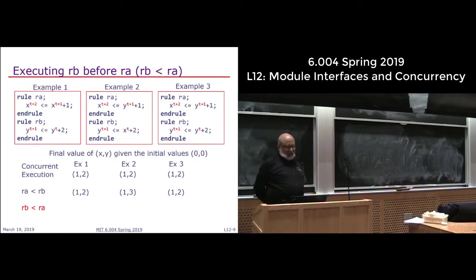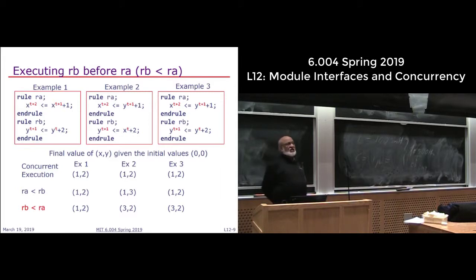If you do that, what you will find is you again get 1, 2 in this case, and you get 3, 2 in this case, and you get 3, 2 in this case. Very interesting. So this is a very concrete experiment we just did, right? If we execute them concurrently, we get some value. If we execute RA before RB, we get some value. And if we execute RB before RA, we get some values.